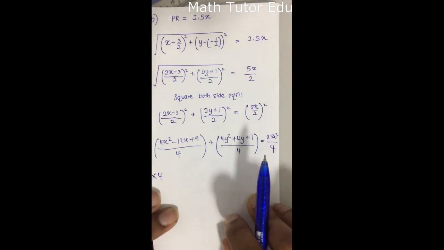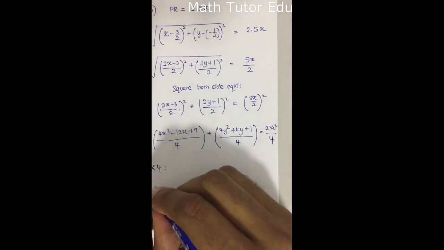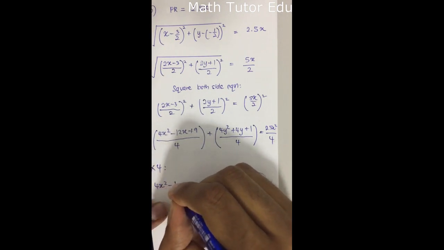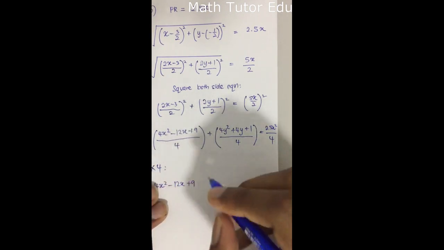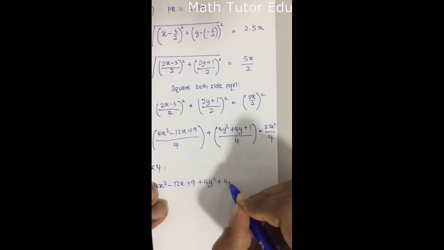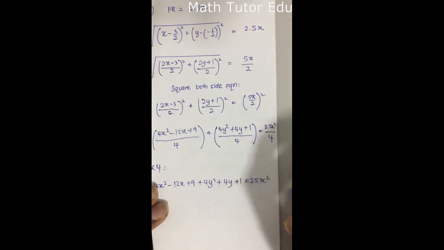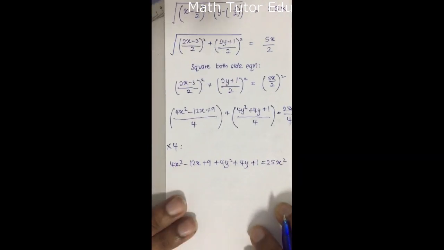So times 4, from here you are left with 4x squared minus 12x plus 9 plus 4y squared plus 4y plus 1 equals 25x squared. Okay, so we are very close to our final step.